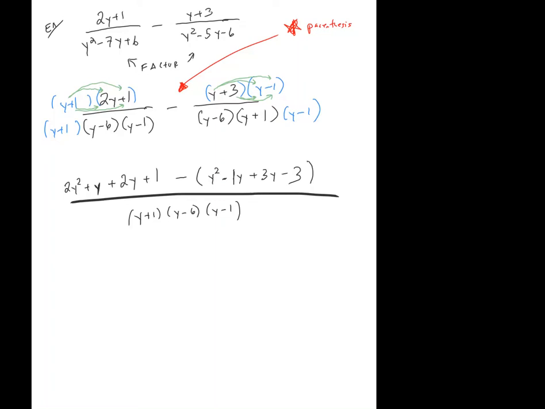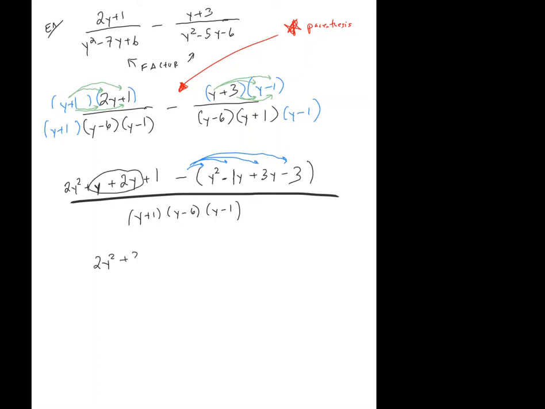Okay, we can start doing a couple of things here. It just depends on how you want to approach this. This negative is going to change all these signs, that's for sure. So you're left with 2y squared. You can already combine those.